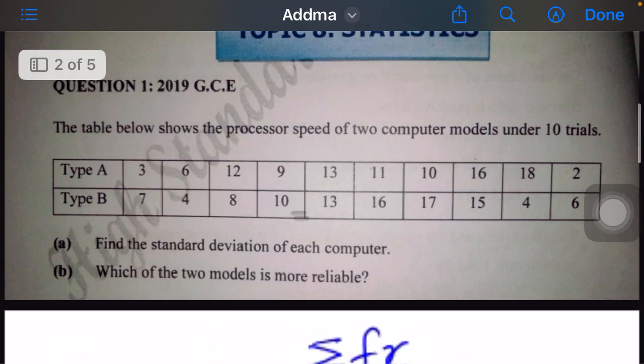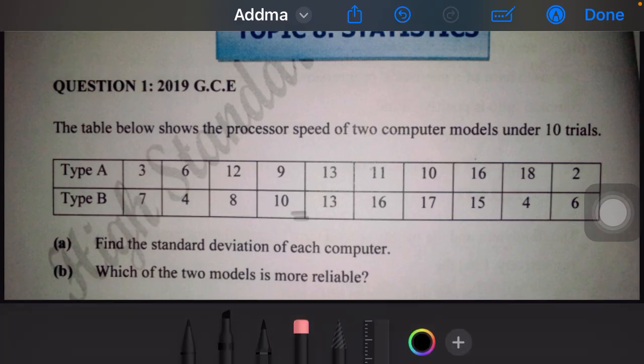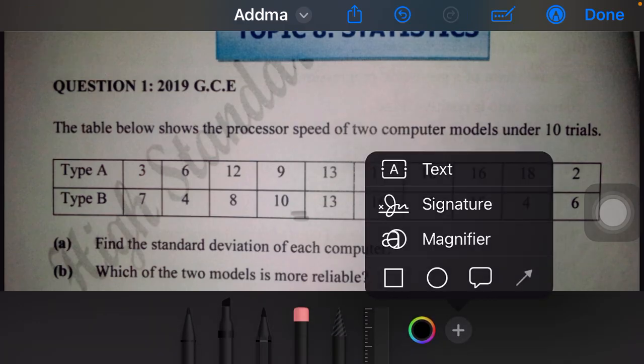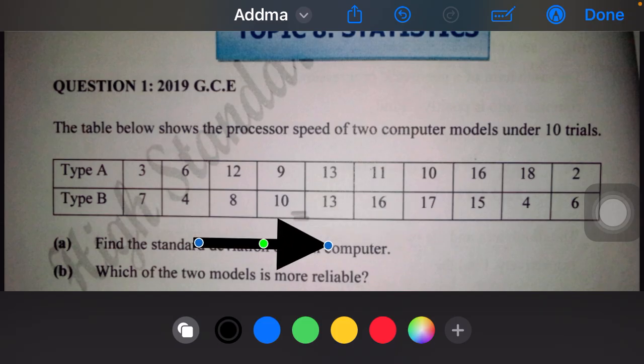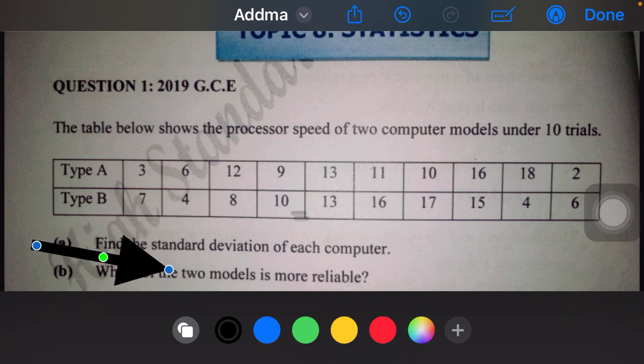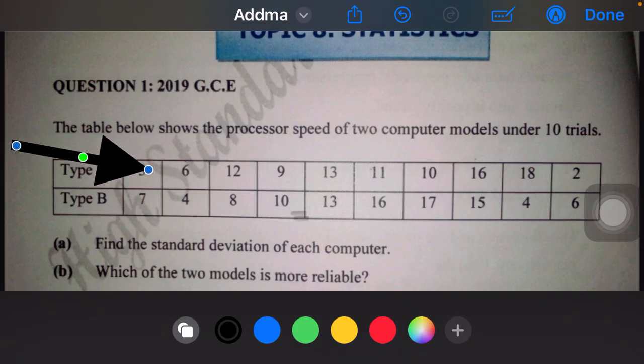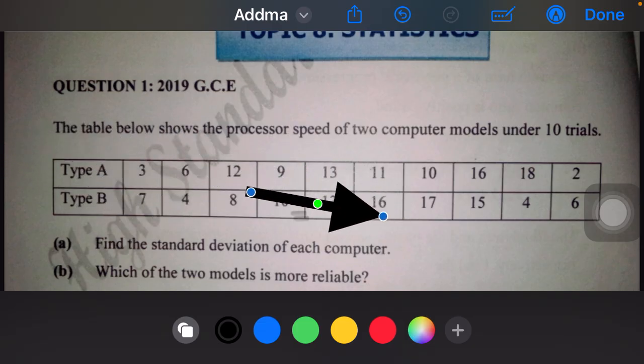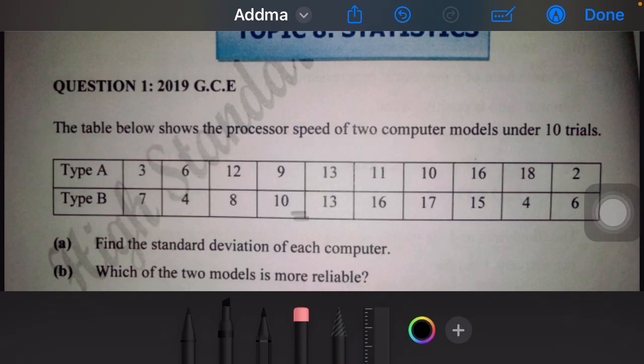Question 1A says we need to find the standard deviation of each computer. Here we have computer type A and type B, and we have been asked to find the SD of each computer. Okay, let's go into the solving part.